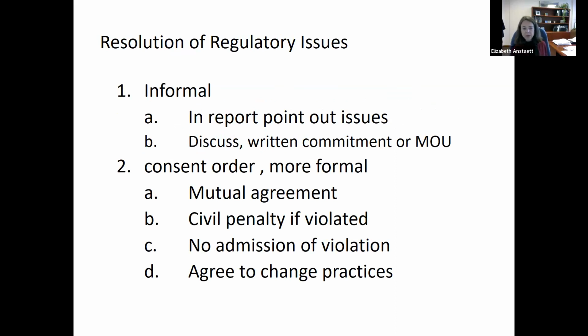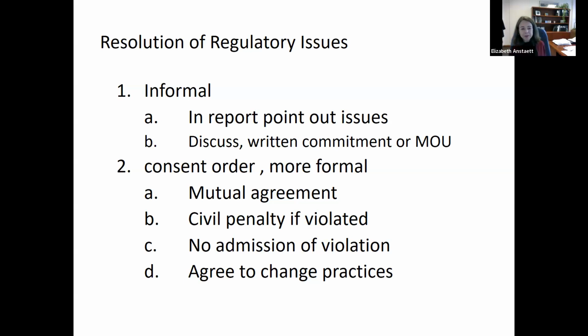But the other part is what if they find a problem, or what if a problem is brought to their attention? How can a regulator and a bank resolve these issues? Well, what we hope happens during an examination or even with a complaint is that everything is resolved informally. Ideally, nothing's even in writing. And a lot of items can be resolved that way.